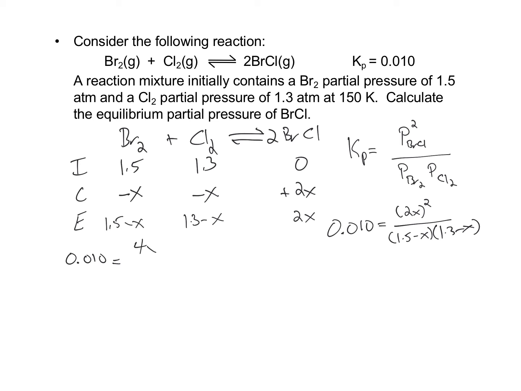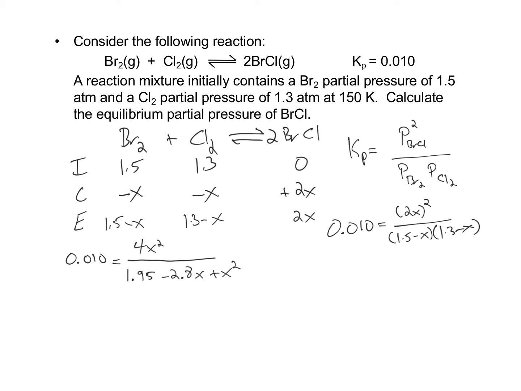That's 4x squared. And then in the denominator, when I do the 1.5 times the 1.3, I get 1.95. And then 1.3 times minus x and 1.5 times minus x is going to give me minus 2.8x and then plus x squared.